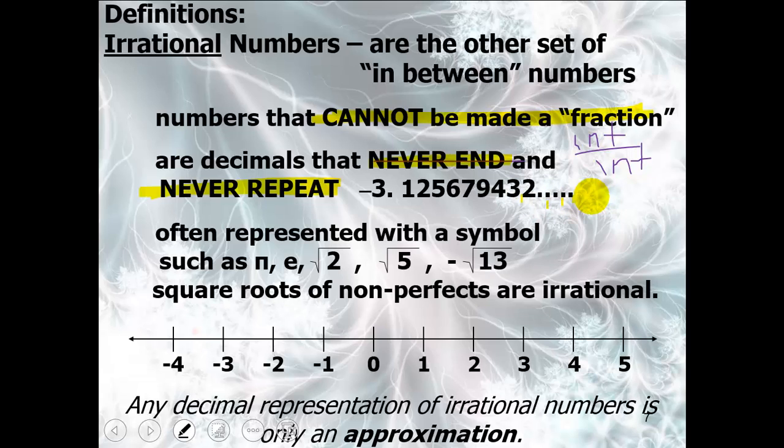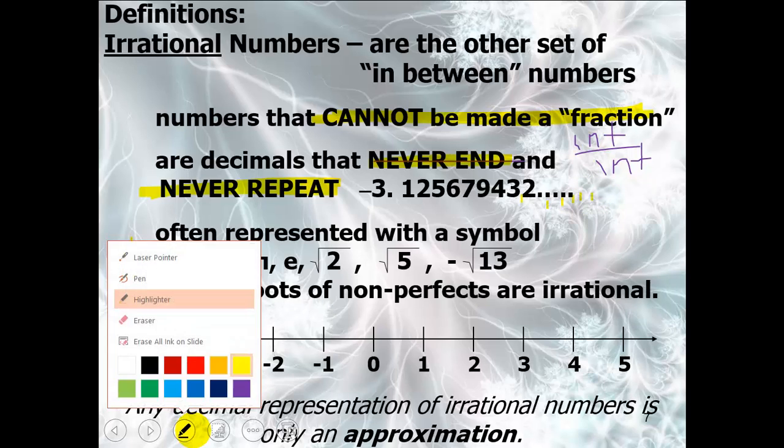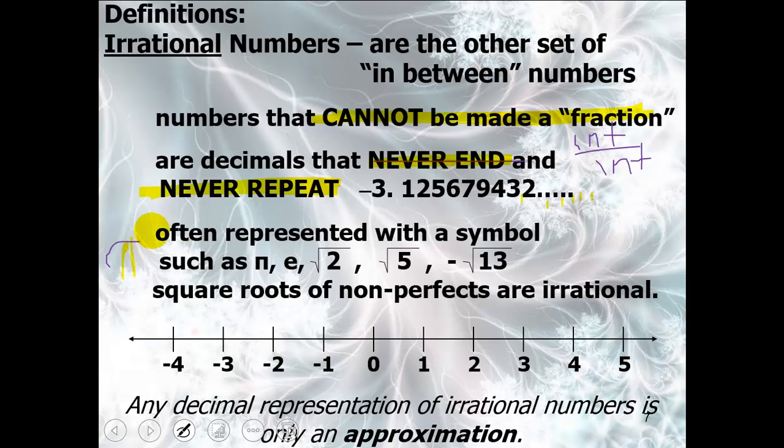You have values such as pi, base e, the square root of 2, the square root of 5, the opposite of the square root of 13. Notice that all of these radicands are non-perfects. So the square roots of non-perfect squares are always irrational.